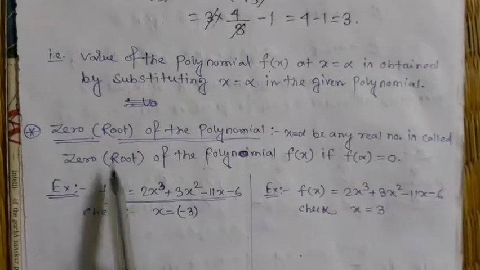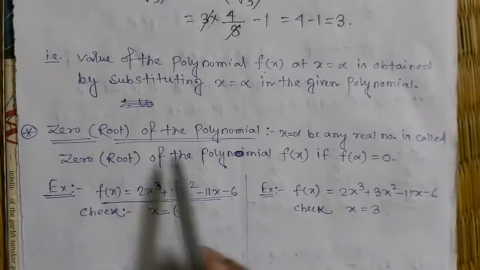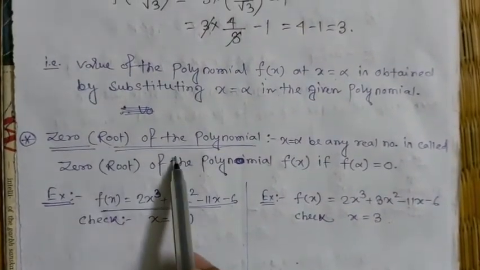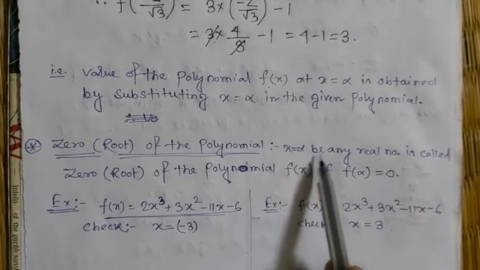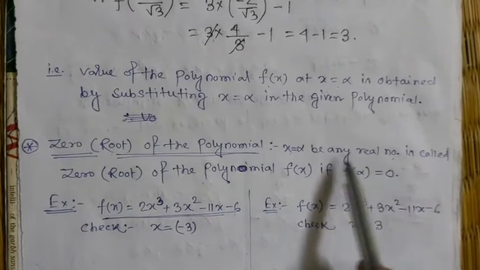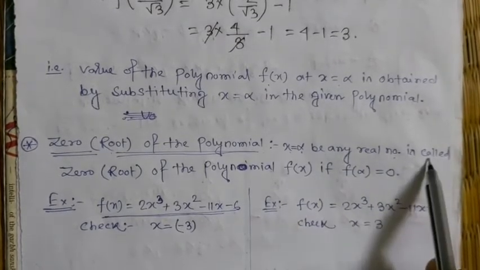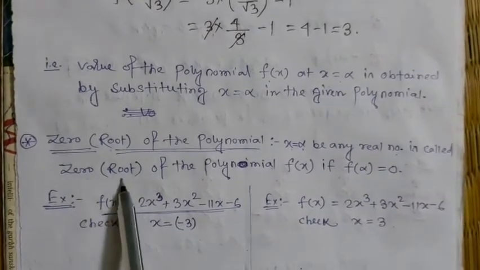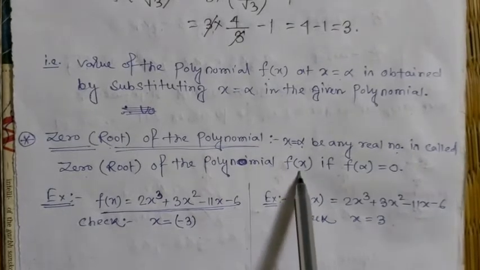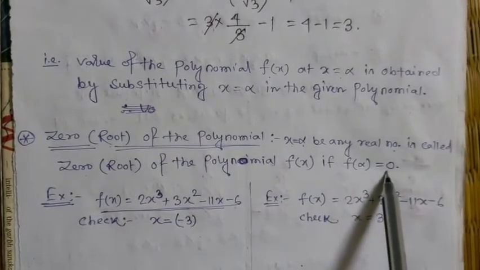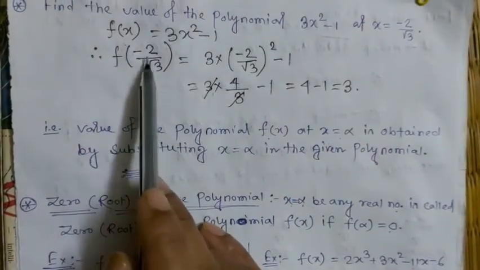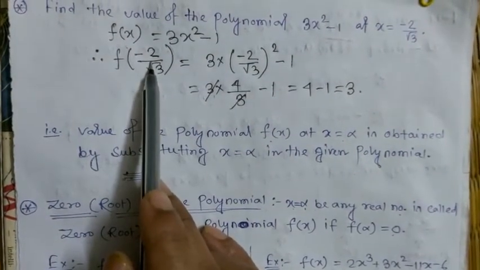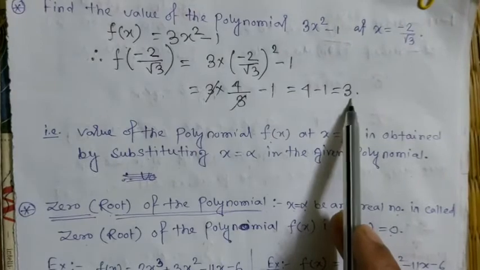Next is the zero of the polynomial, or you can say the root of the polynomial. Let x equal to alpha be any real number. Alpha is called a zero or root of the polynomial f(x) if f(alpha) equals 0. In the previous example, f of that certain number is 3.